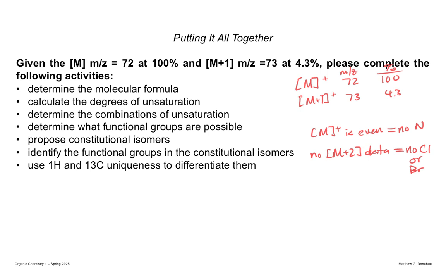So there's no chlorine or no bromine. And then you can estimate the total number of carbons from that M plus 1 percentage. It's 4.3. And so you're dealing with about 4 carbon atoms. That's what it's telling you.